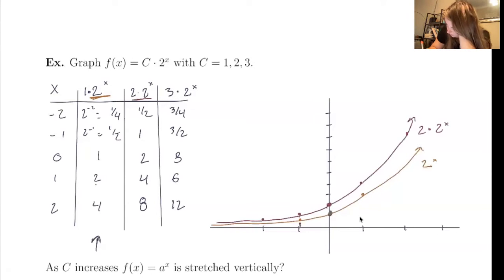And then for 3 times 2 to the x, I'm going to start at 3. Then at -1, it would be 3/2. And then 3/4. Right? Yeah.